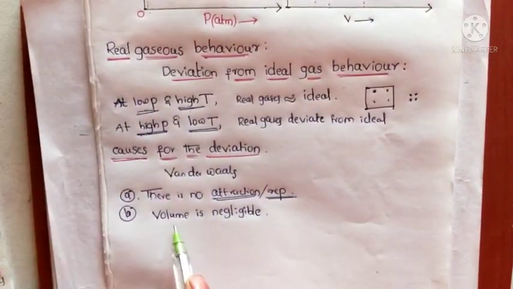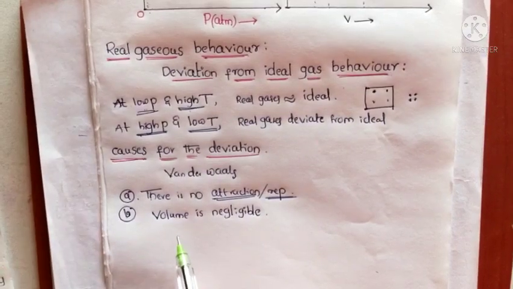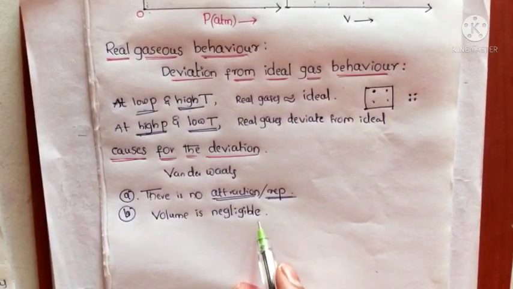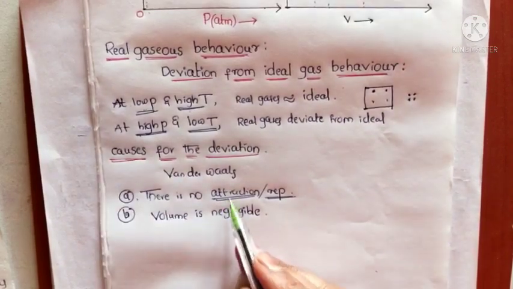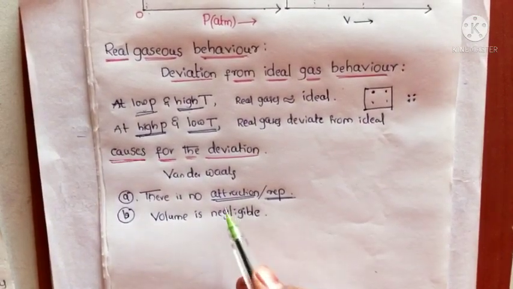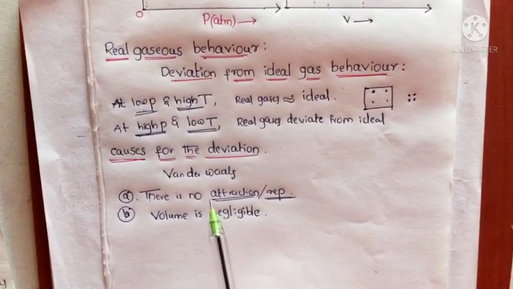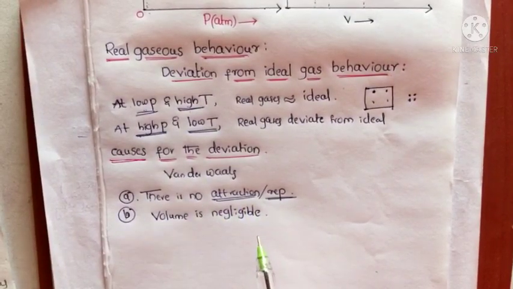The second one is that the volume of gas molecules is negligible when compared to the container volume. Because of these two wrong assumptions, real gases deviate from ideal gas behavior.